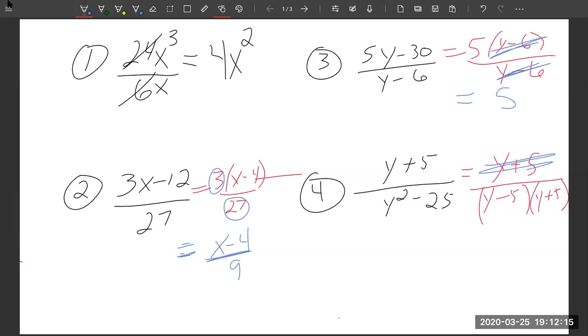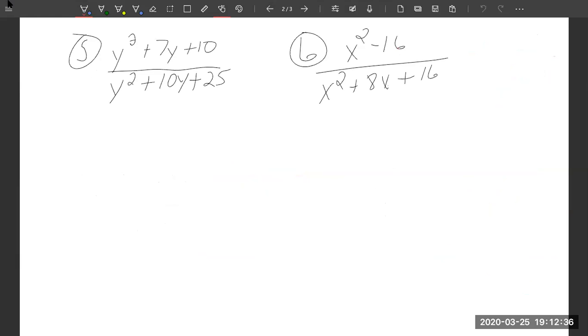So I can get rid of the y plus 5 in the top, y plus 5 in the bottom. I've still got something in the bottom. It's got to stay there. Since we canceled out what's in the numerator, we have to put a 1. That's the final answer. So we're factoring and crossing things out.